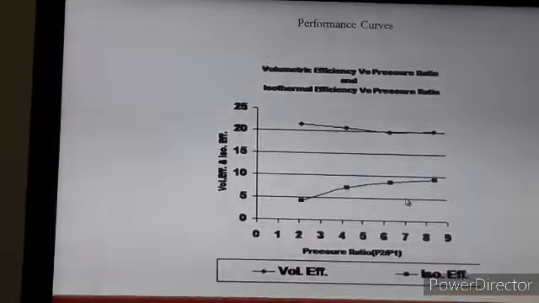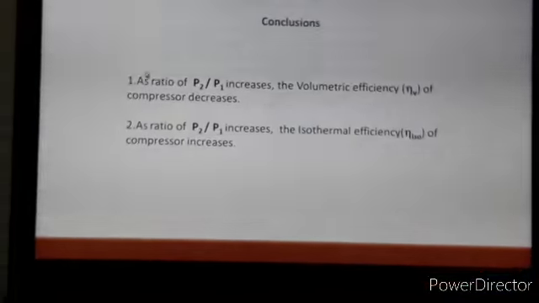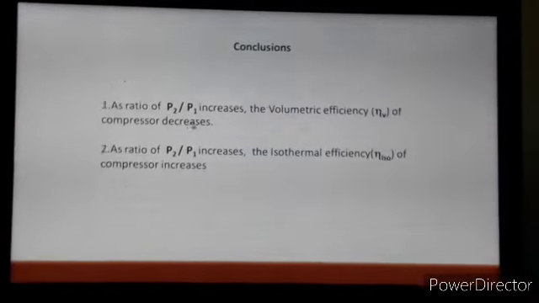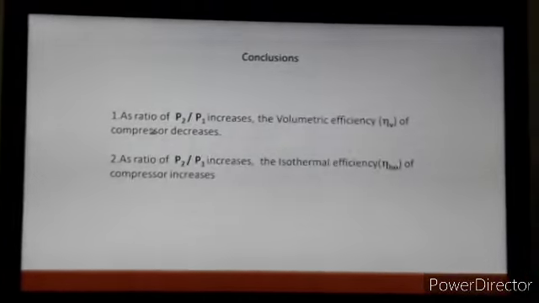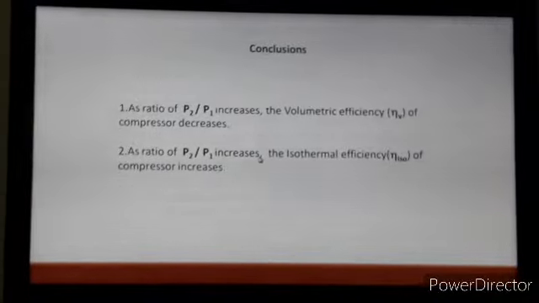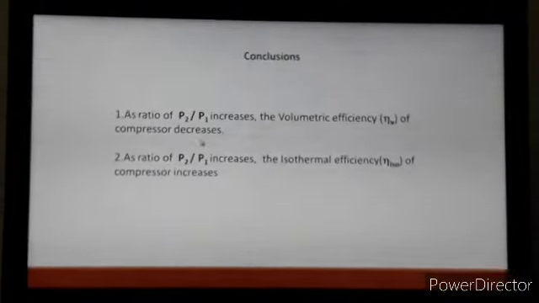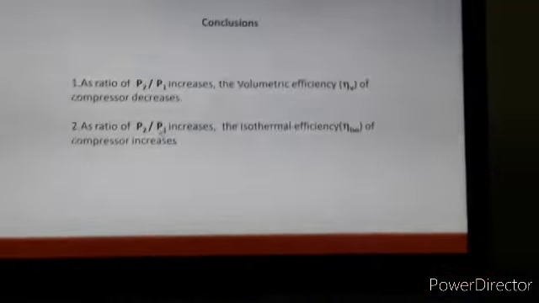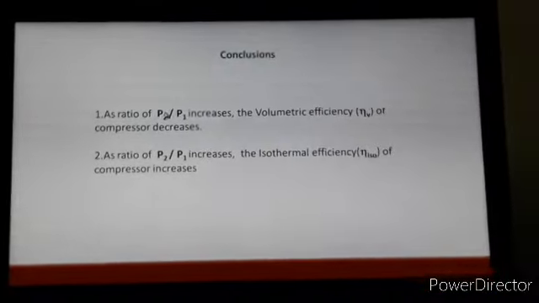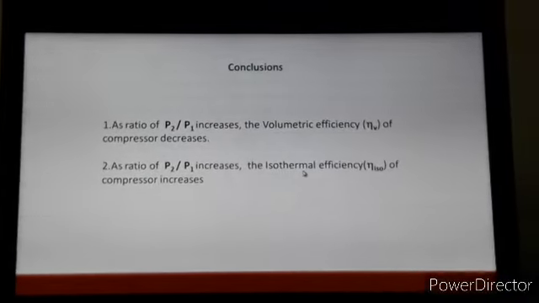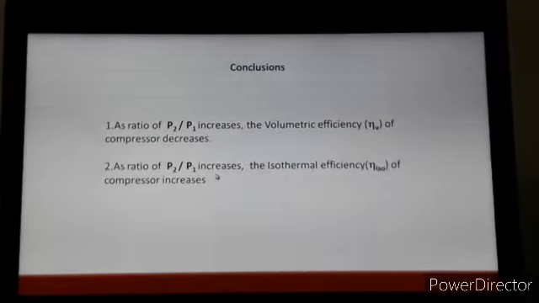Now let us see the conclusion. These are the conclusions written from the previous graphs, and we have already discussed the variation of volumetric efficiency versus pressure ratio and isothermal efficiency versus pressure ratio. The first conclusion is with respect to volumetric efficiency and pressure ratio, and the second conclusion is with respect to isothermal efficiency and pressure ratio.